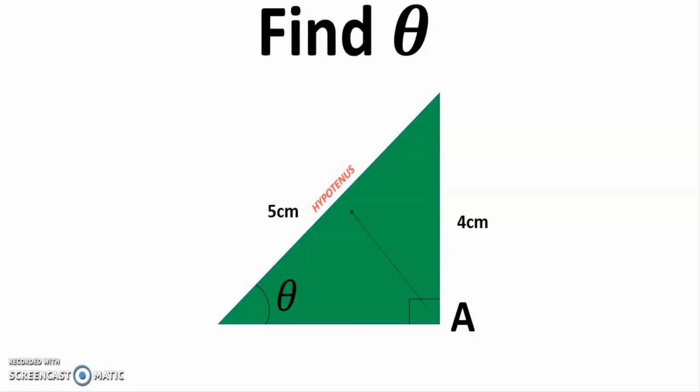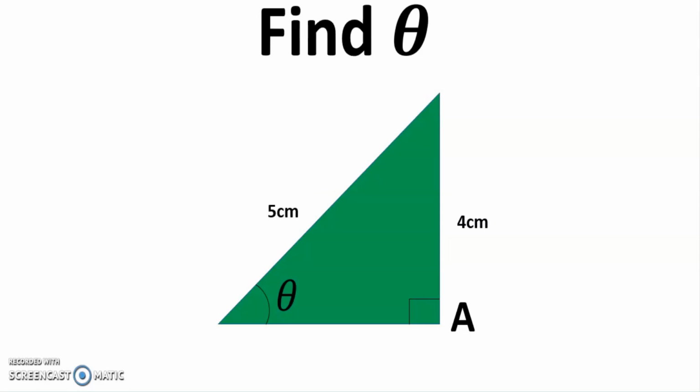Please take note, where the right angle is facing is always called the hypotenuse. Now, since we have established that fact, where is our opposite?